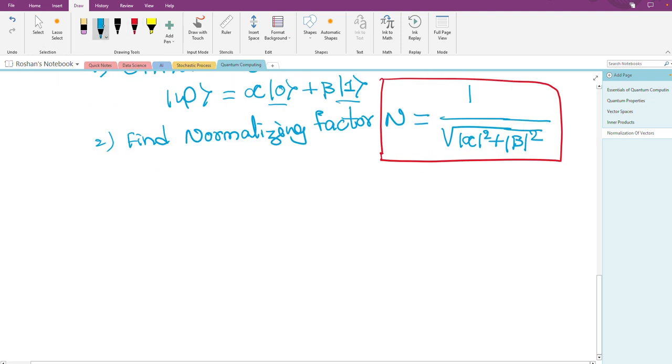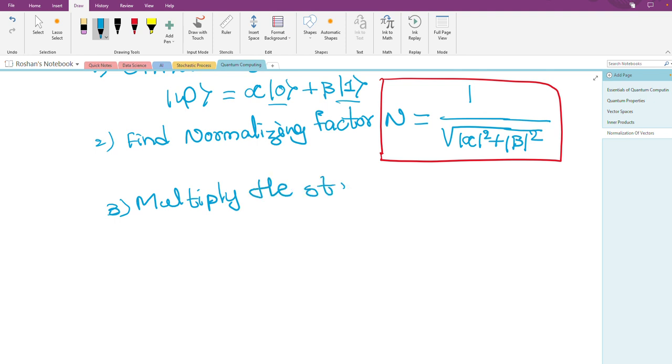Now, the third step. Multiply the state with our normalization factor.